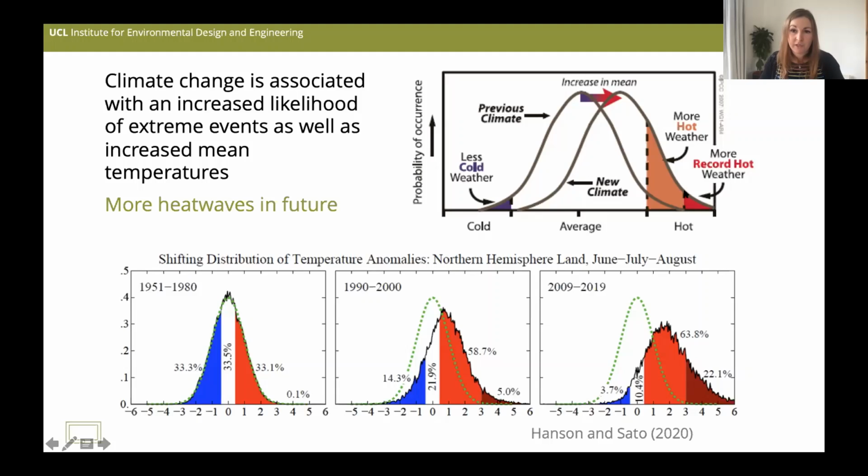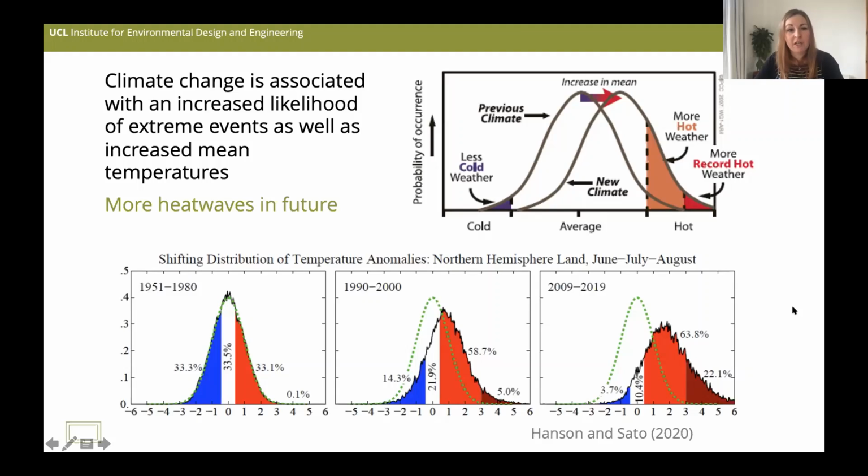We're also seeing record-breaking hot temperature records. I'm sure you've noticed record-breaking heat waves over the last few years, basically every year nowadays. And you can see that the shift in temperature from the 1950s to 2019 shows we're seeing decreasing levels of cold weather and much more heat.